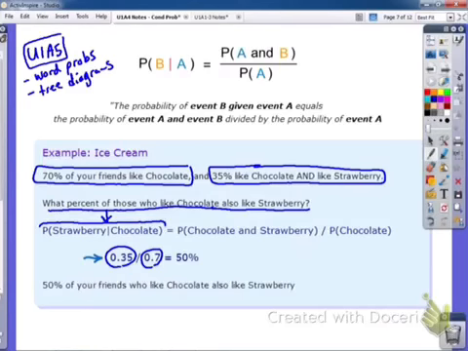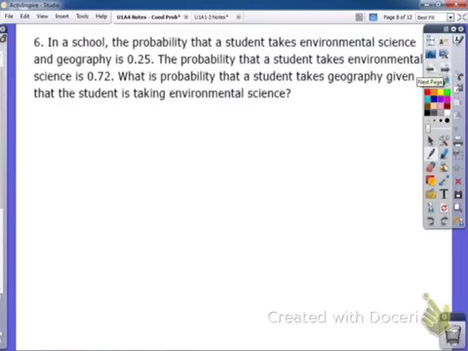Now let's look at some of these questions. Number 6, in a school, the probability that a student takes environmental science and geography is 0.25. So let's write this down.